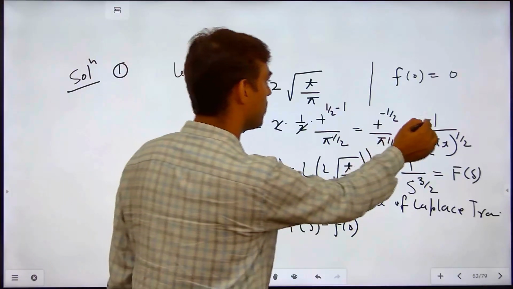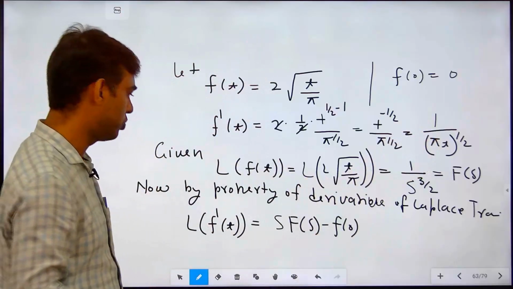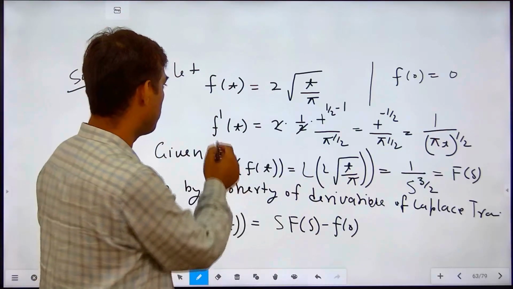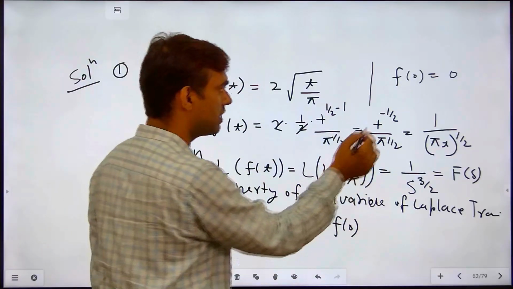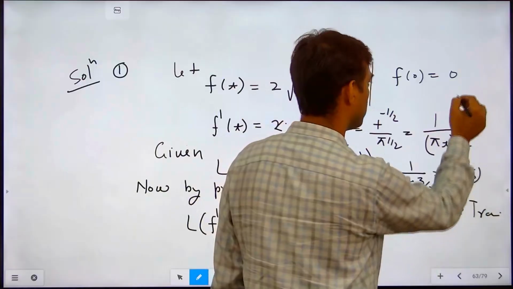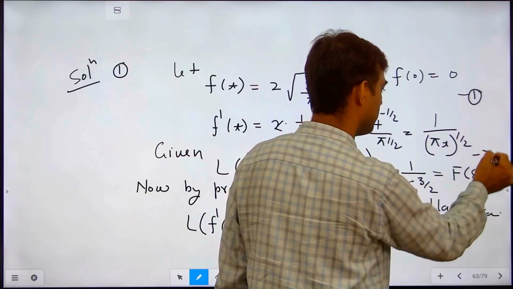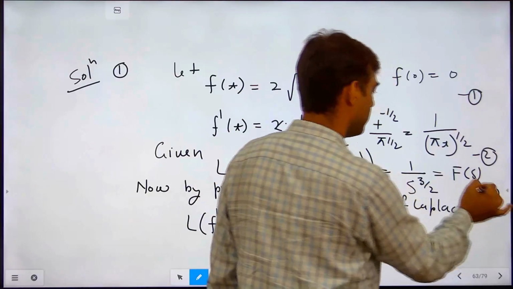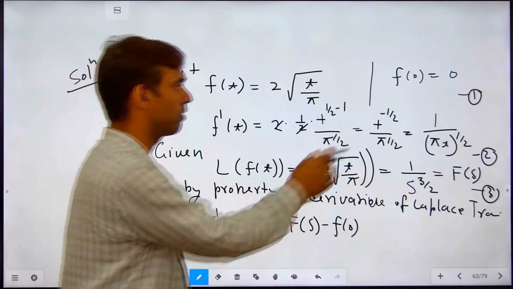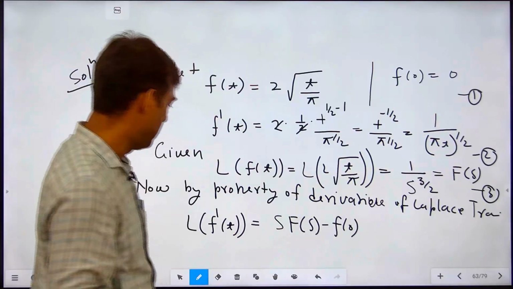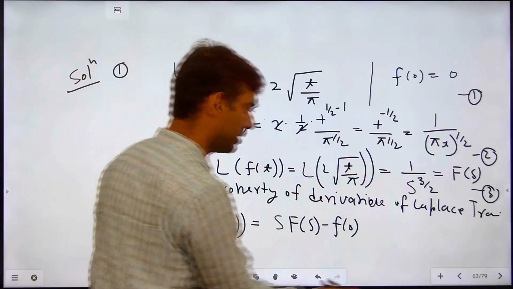F dash t is 1 upon pi t to power 1 by 2. We put the values of f dash t, f(0) and F(s) from the first, second and third expressions, then we get the required result.